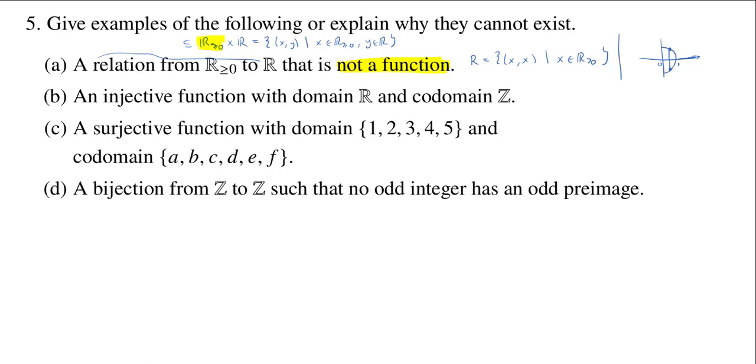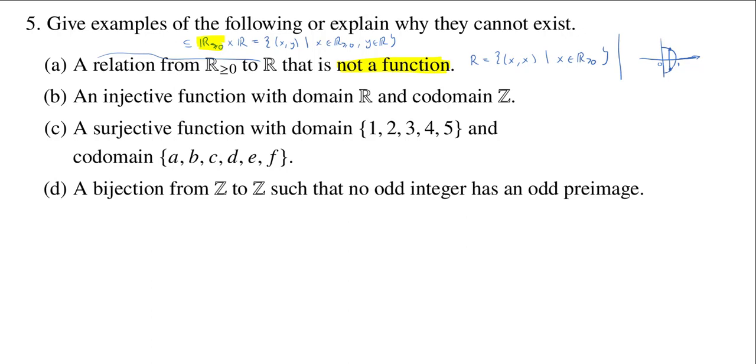All right, so let's move on to part B, which is asking us for an injective function with domain R and codomain Z. This is actually a very tricky one, and it's going to turn out that it's not possible.